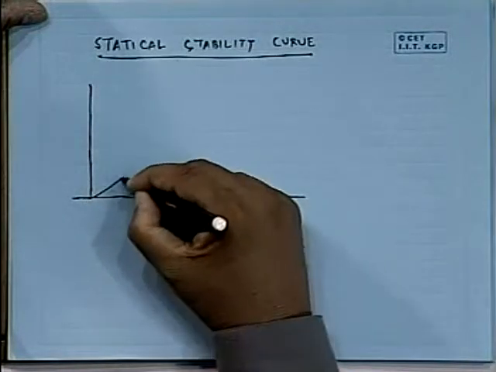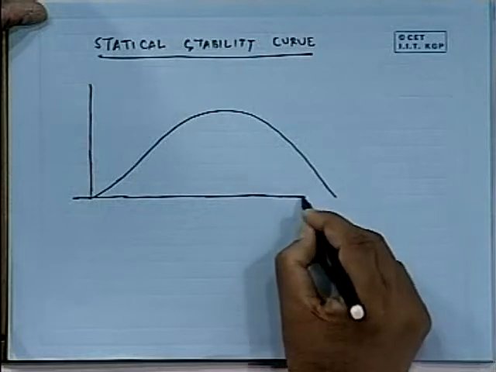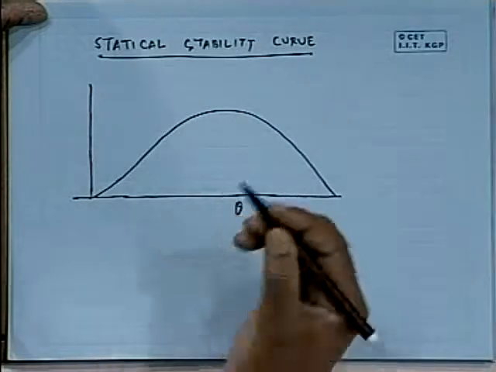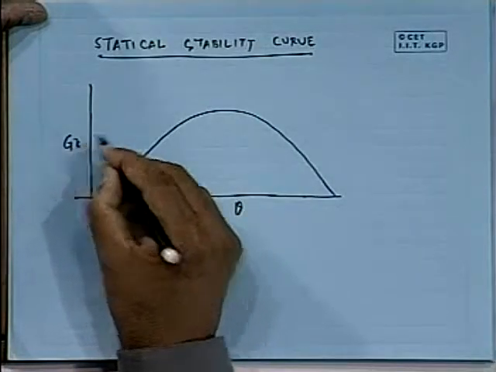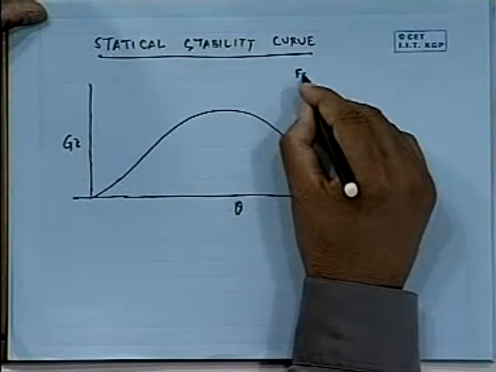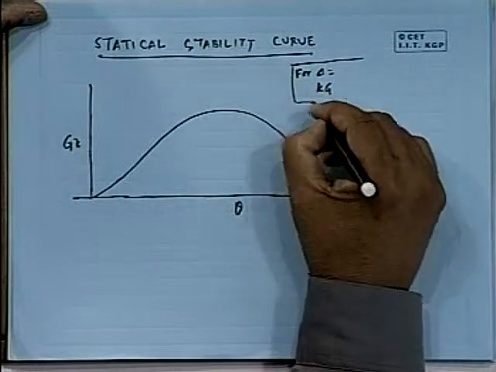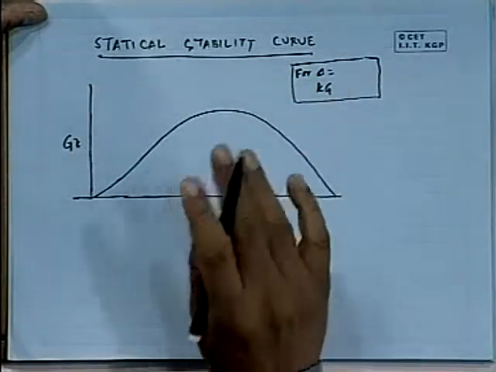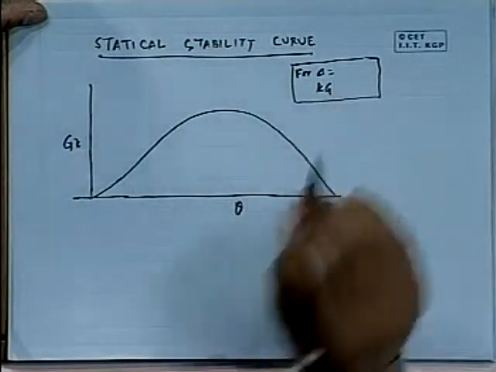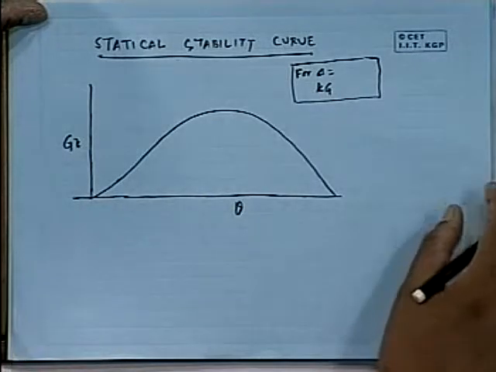You have something like this, theta versus GZ. This curve is always unique for a given displacement and given KG. We have to always remember that.